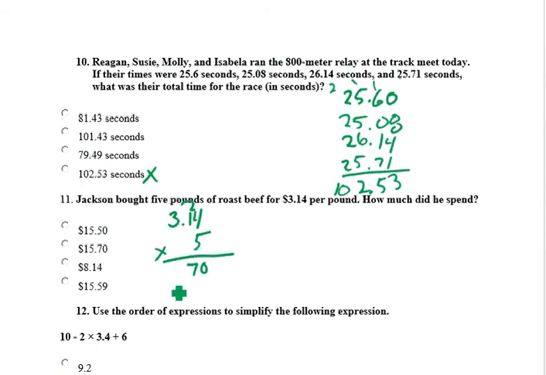So there's my number, 3.14 times 5. 314 times 5 is 1,570, but we got 2 decimal spots. So now I got to move it over 2 decimal spots. I'm going to put it in right there, so it's 15.70, and that makes sense. If 1 pound is 3, 5 pounds would be about $15.